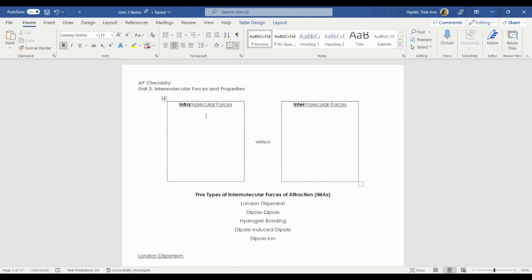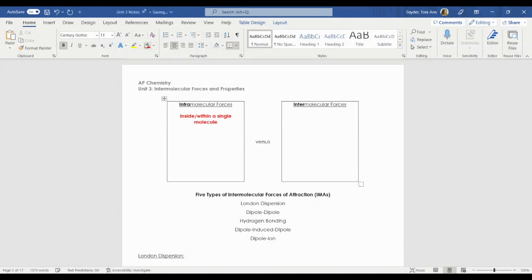Unit 2 was all about ionic bonds and covalent bonds and metallic bonds. Those are what we called intramolecular forces. So all of Unit 2 was just about intramolecular forces. And these are the forces that are inside or within a single molecule.